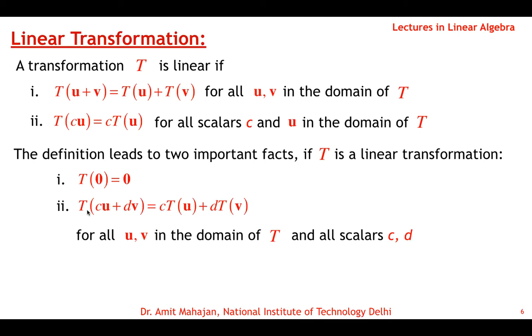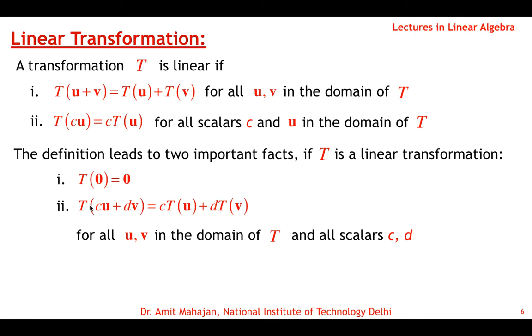You can start with this left hand side and then apply the property that the transform of a sum is the sum of transforms. So this left hand side will become transform of cu plus transform of dv, and then you can apply the second property, that transform of cu is c times Tu and transform of dv is d times Tv. Okay, so you will get the right hand side.